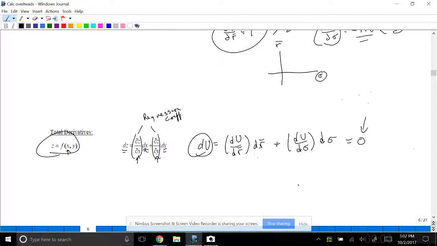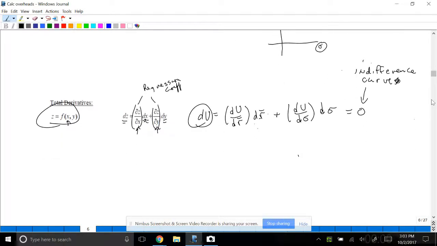So what we're going to do is find indifference curves, or iso-utility curves, sometimes, just make it singular. All right, so what we want is the relationship between dr and dσ. All right, so bring this over to the other side, do some algebra.